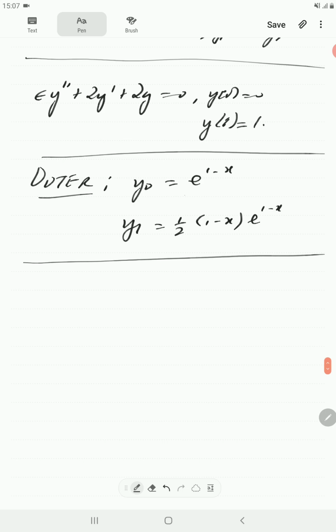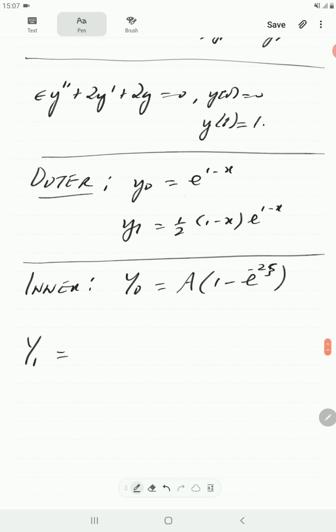Then the inner solution, we got that y0 is going to be a into 1 minus e to the minus 2 xi. y1 we got to be d e to the minus 2 xi minus 1 minus a xi 1 plus e to the minus 2 xi.